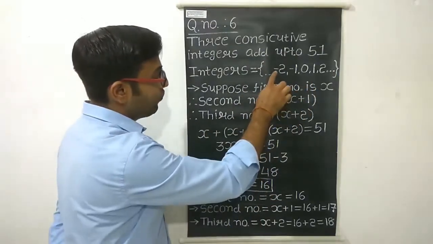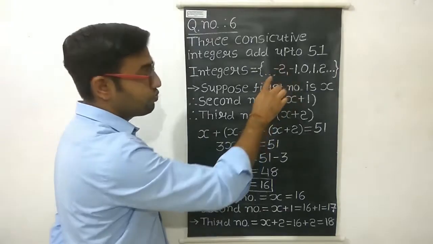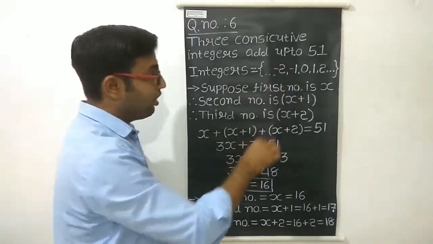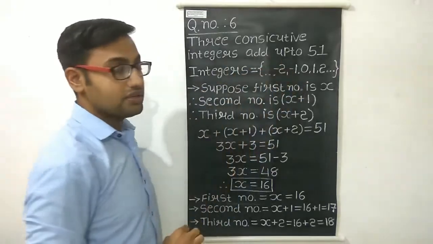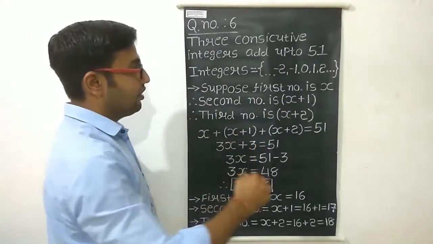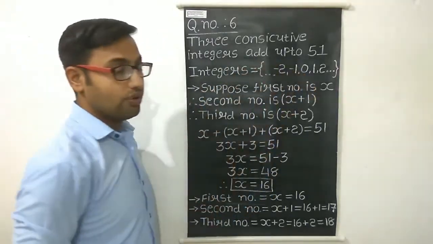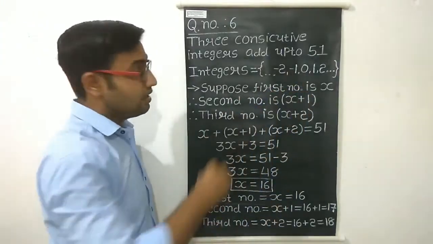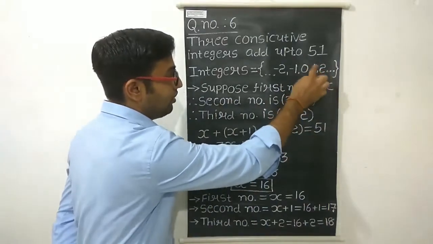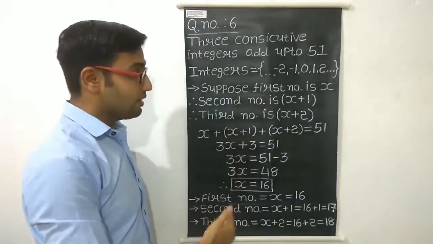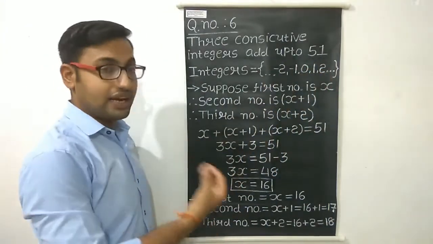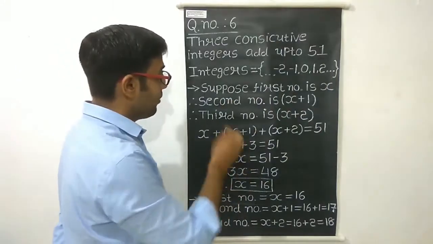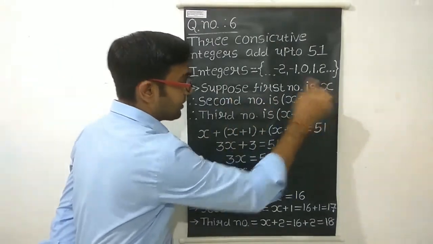If I add 1 to minus 2, we will get minus 1. If I add 1 to minus 1, I get 0. If we add 1 to 0, we get 1. If we add 1 to this, we get 2. This means to find the second consecutive number, I have to add 1 to this x.